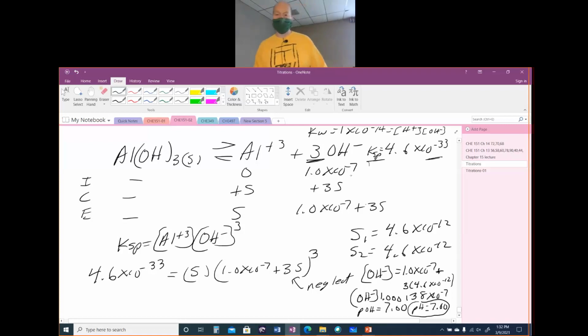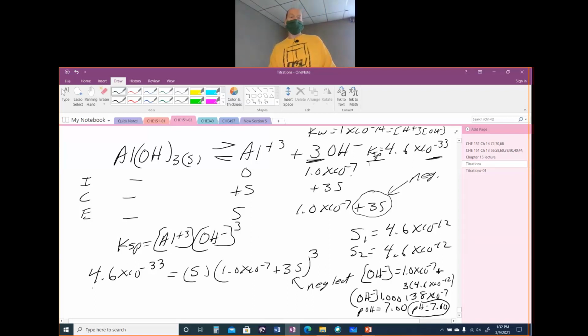And since our K value is so small, minus 33, we are going to neglect our plus 3S, and then we'll check to see if that is going to give us the same answer when we do our successive approximations.